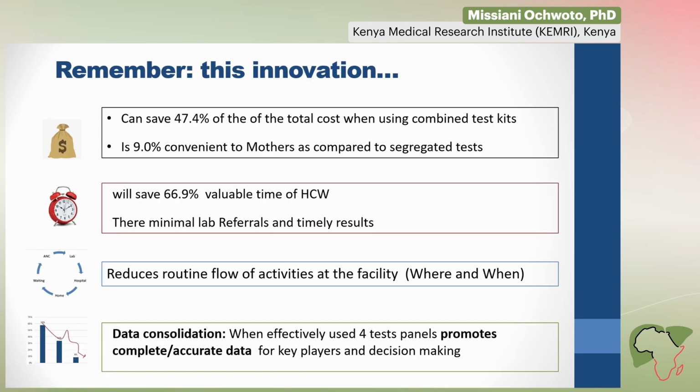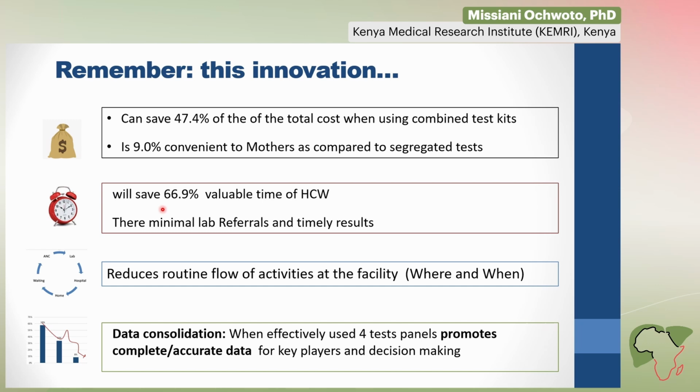What am I saying? This is what I'm saying, that this innovation of combining tests together in triple elimination saves a lot, 47% to the facility and 9% to the mothers. In terms of time, it indeed saves the time of the mother and the time of the healthcare worker by 66.9%.